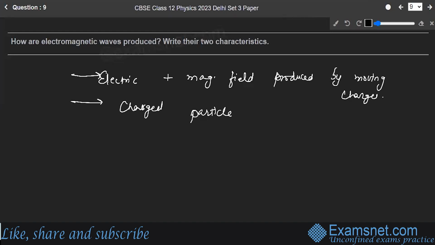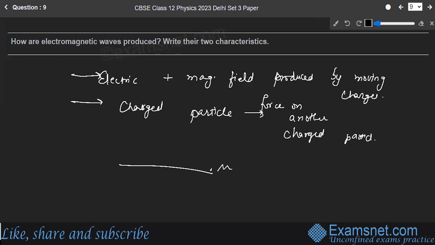This charged particle creates an electric field which can exert a force on another nearby charged particle, right? When it accelerates as part of the oscillatory motion, the charged particle creates ripples and oscillations in the electric field.